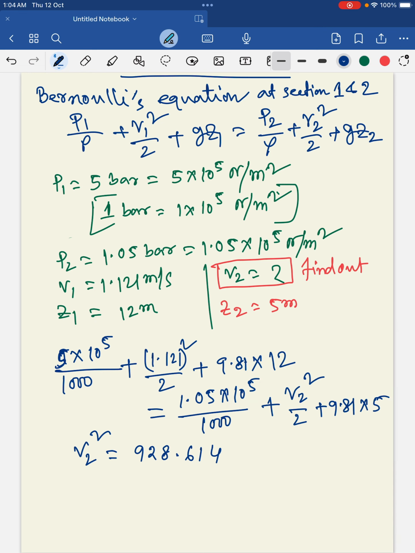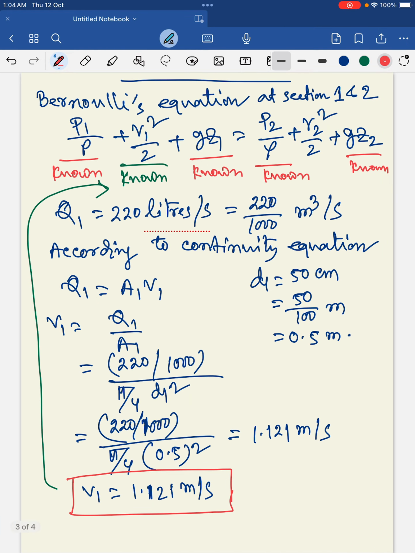Now V2 will be the square root of this, so that will be something like 30.47 meter per second, so that is V2.